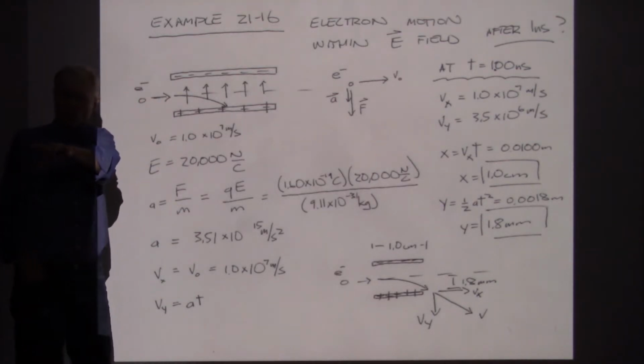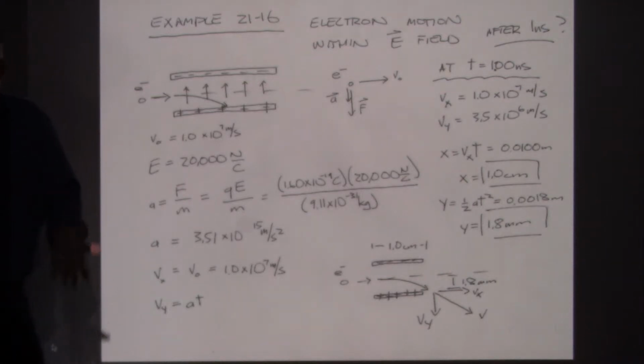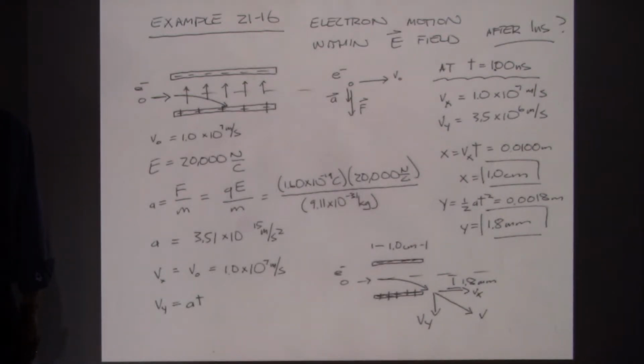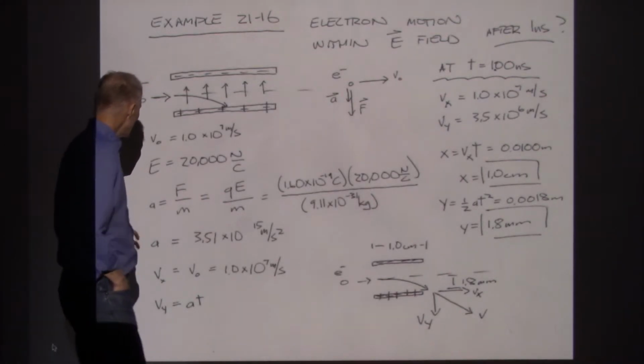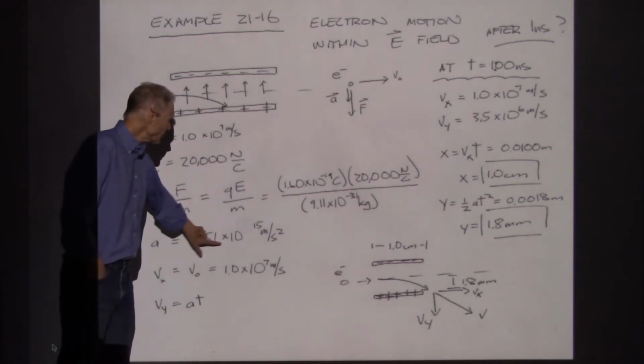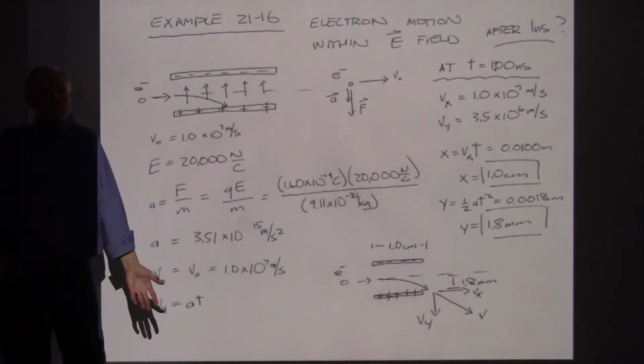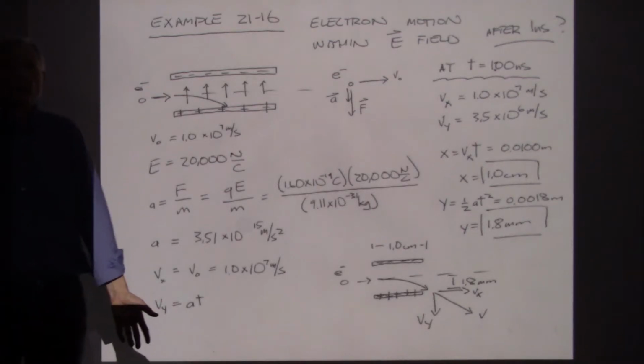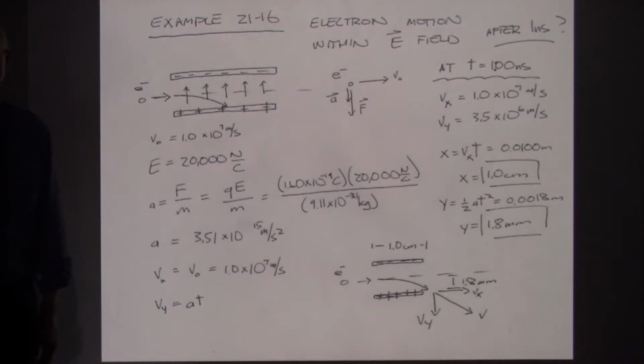Now I think back in one of those problems, it asked, why is it safe to ignore gravity? And that's because the acceleration due to the electric force is 3.5 times 10 to the 15, and the acceleration due to gravity is 9.8.